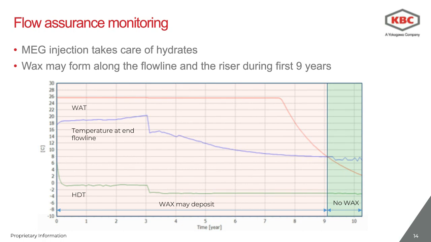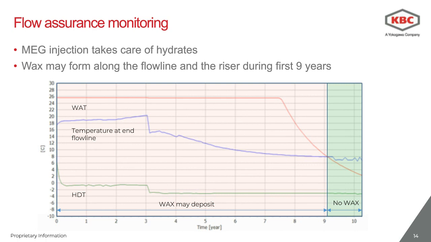So I can look at the evolution of the temperature at the end of the flow line. This is the blue line that you see represented in this diagram, and compare that with what Multiflash inside Maximus is predicting as the wax appearance temperature or the hydrate dissociation temperature at that same pressure during the life of the field.